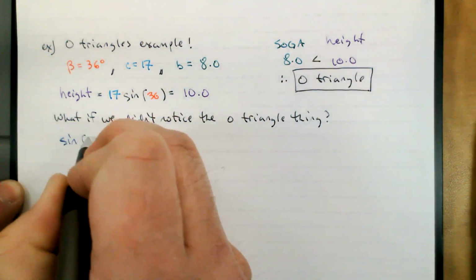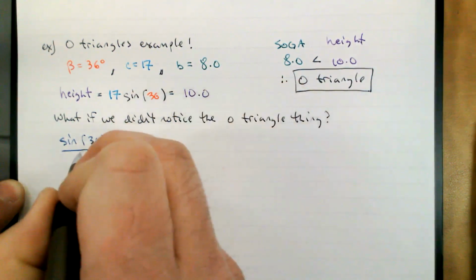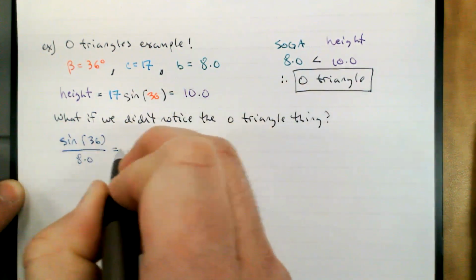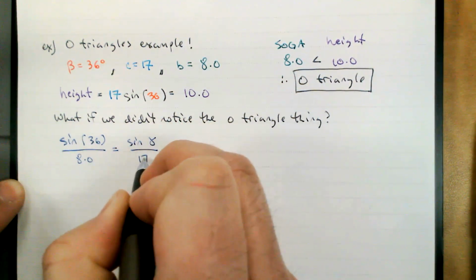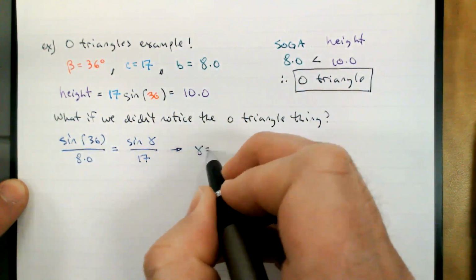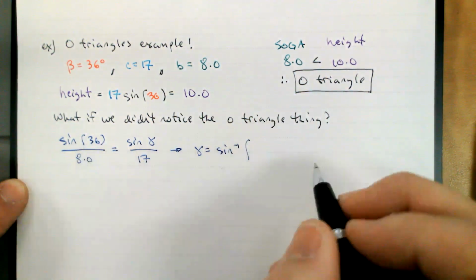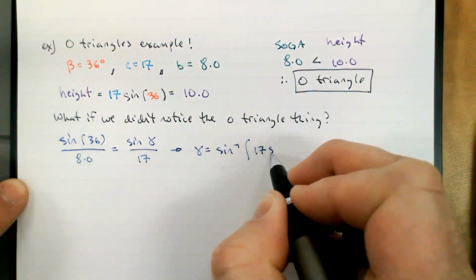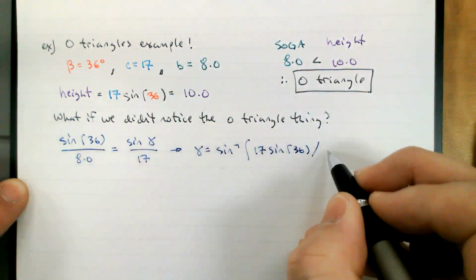So we'll do sine of 36 divided by 8 is equal to the sine of gamma divided by 17. That means gamma is going to be the sine inverse of 17 sine 36, the height, divided by 8.